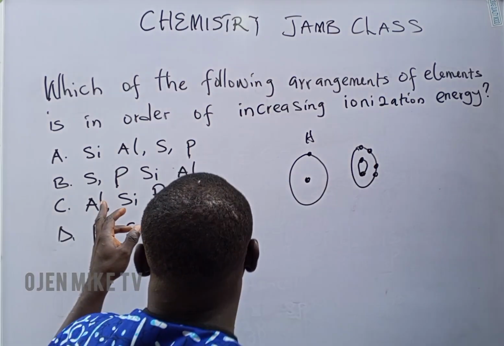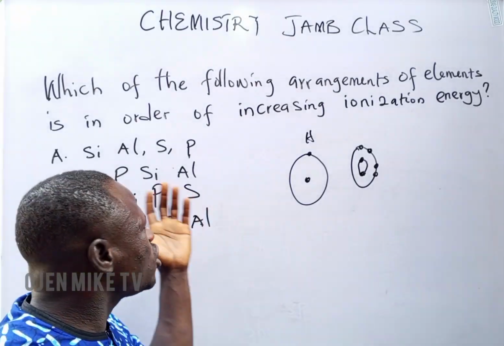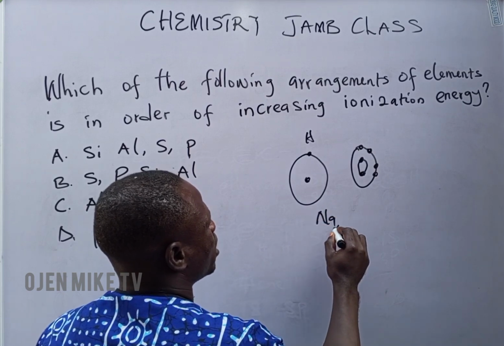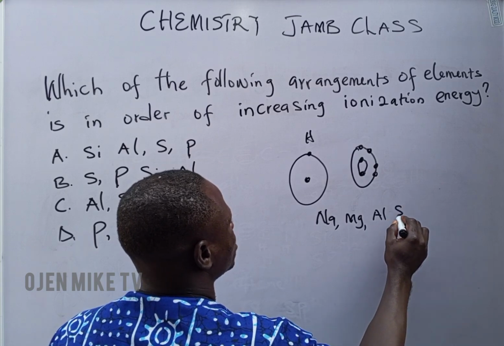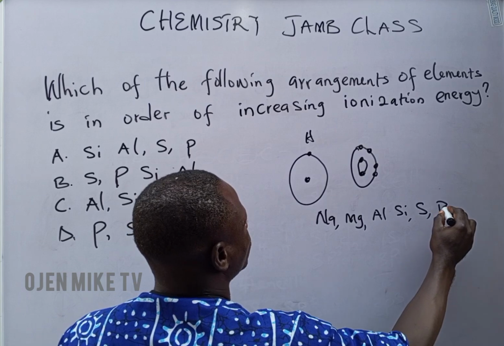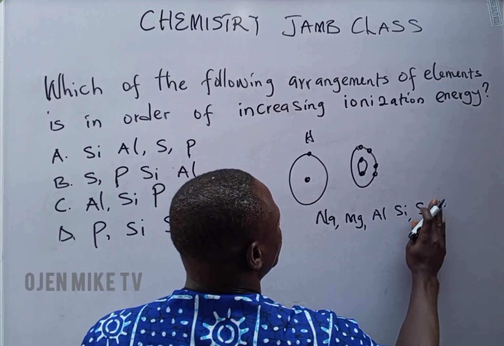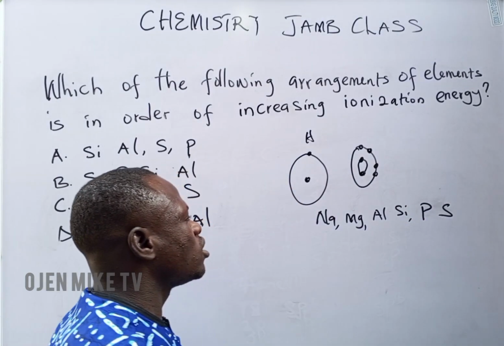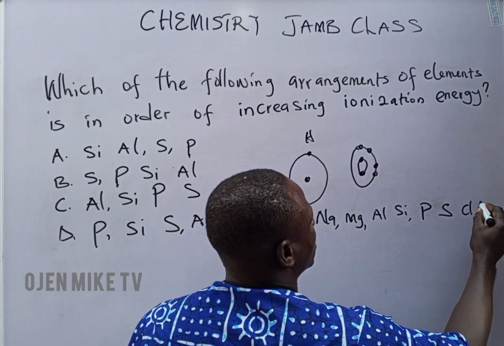So we already know that all these elements are in period 3 of the periodic table. In order of period 3, the first one is sodium, then magnesium, aluminum, silicon, sorry, phosphorus comes before sulfur. Then we have chlorine and argon.